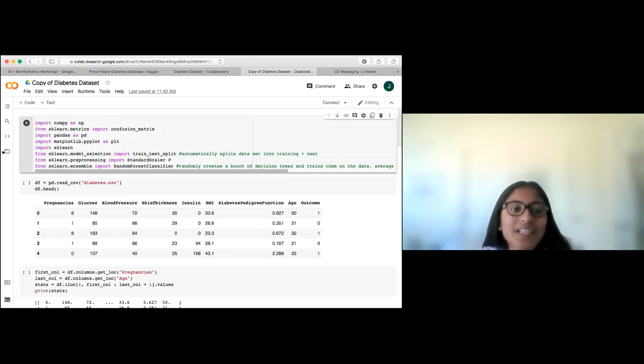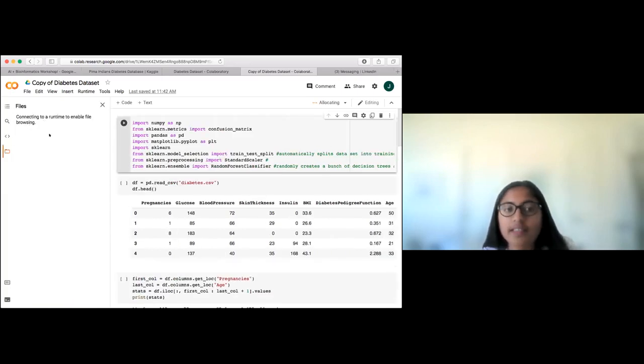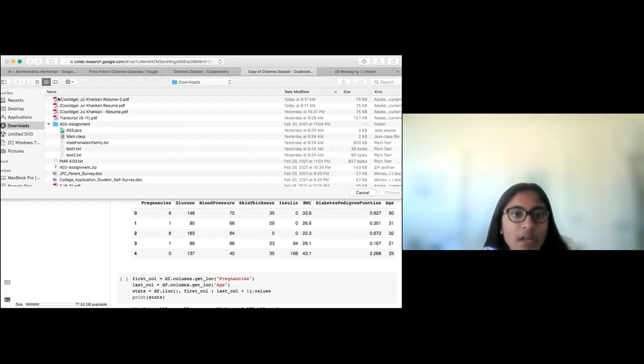So basically on the left-hand side, you see these 4 icons. You can upload it to this folder looking thing, and it's connecting. Okay, so then I click this little page thing, and this allows me to upload files to my runtime. So I'm going to stop sharing while I upload the file.